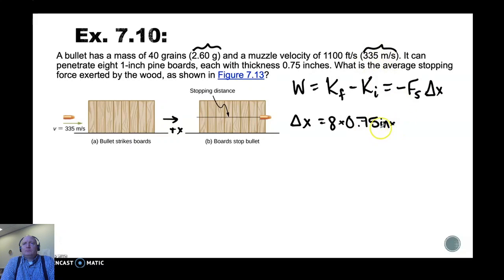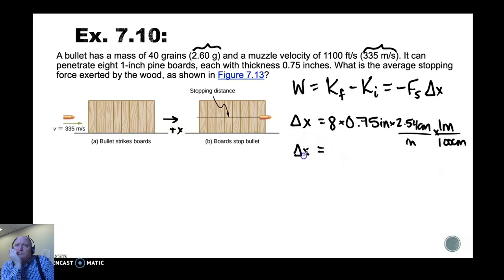So let's convert inches to centimeters: 2.54 centimeters per inch, and then per each meter we have 100 centimeters. So delta X then is going to be 15 centimeters? 0.152 meters. Yep.